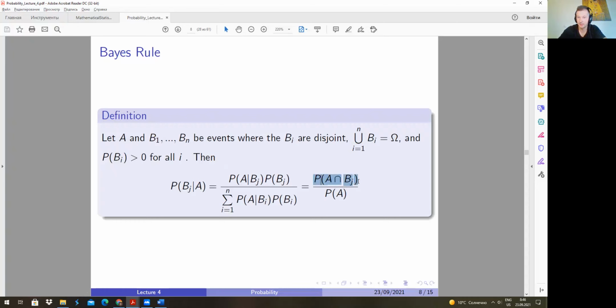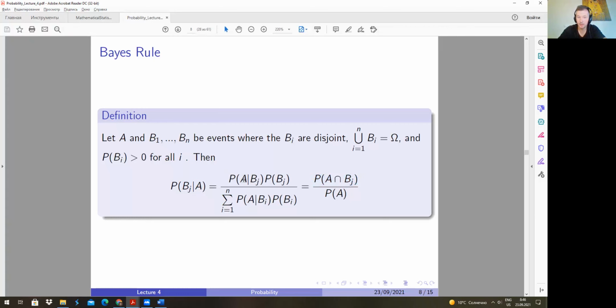So let's start from the end. What is this? This is the definition of a conditional probability, right? So probability of Bj given A is simply probability of their intersection divided by probability of A. Now, here in the numerator, I apply the multiplication law. What is the probability of A intersection Bj?